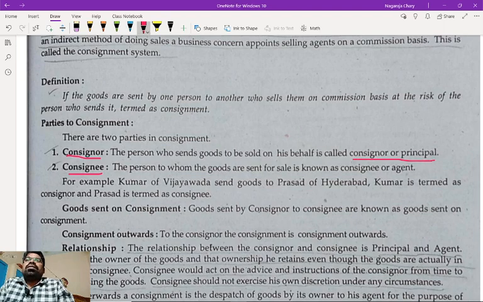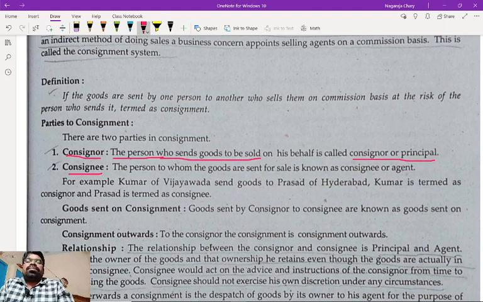The manufacturer or trader who has the stock on his own and is doing business sends the goods to different areas. That person is known as the consignor, or principal, or we can say owner.